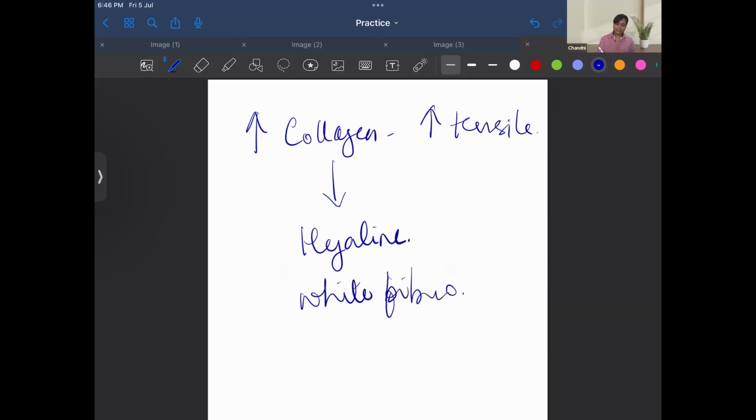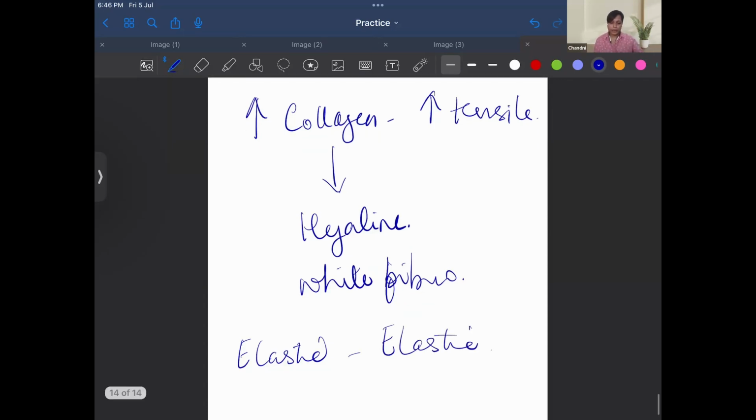But elastic, on the other hand, as the name suggests, needs to be pliable, it needs to move easily. I can move the tip of my nose. I can squeeze my ears because they are all made up of elastic cartilage, right? Which means the fiber in an elastic cartilage is predominantly elastic fiber.